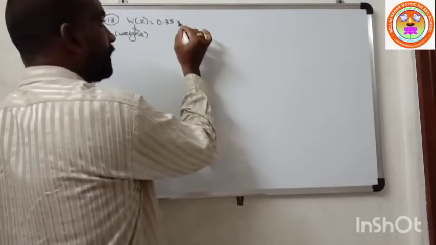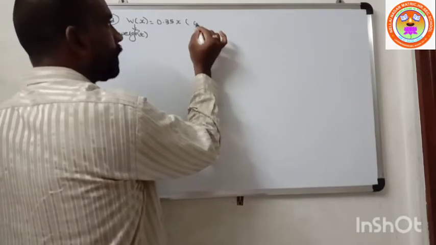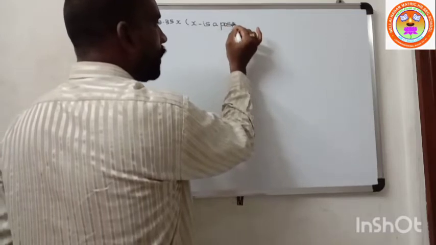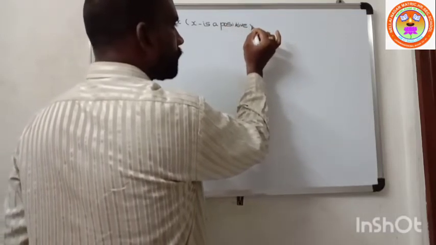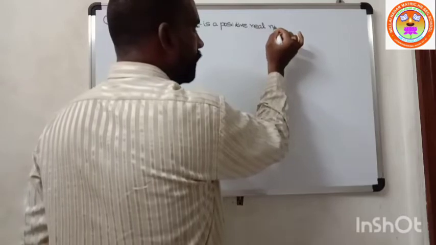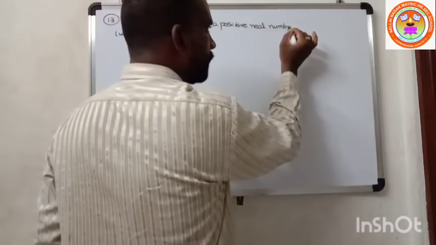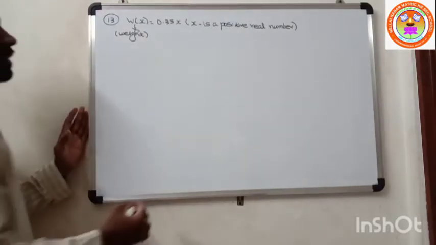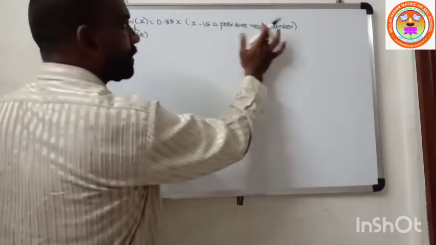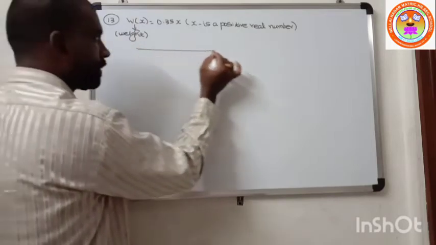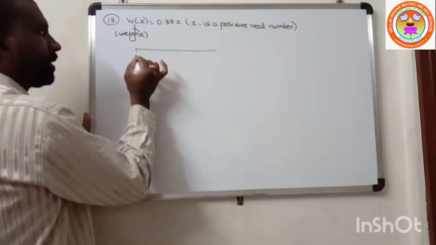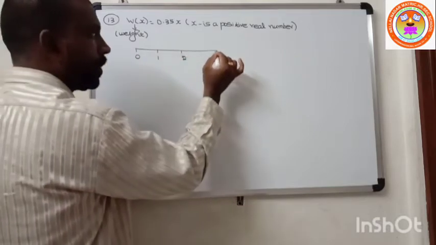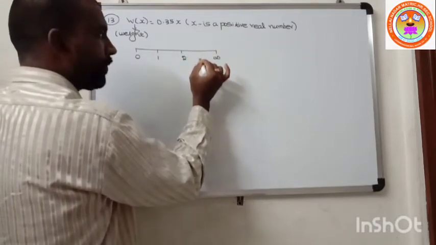X is a positive real number. So x is a positive real number, and the weight takes values 0, 1, 2 up to infinity.